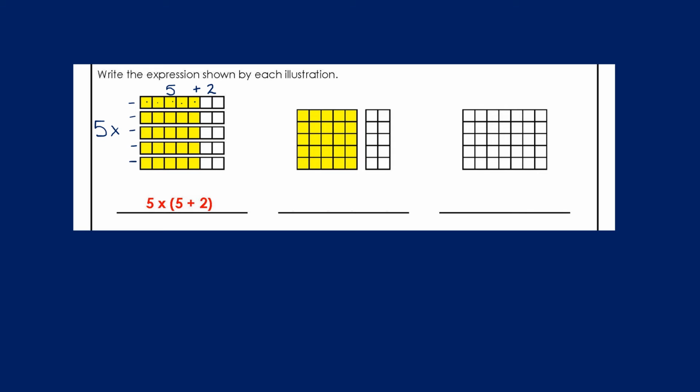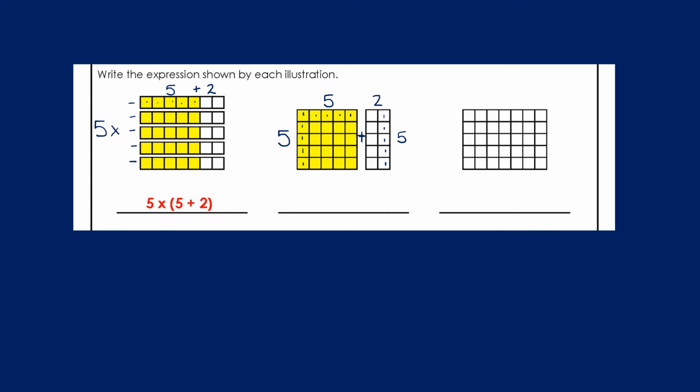In our next example, we have 2 arrays. We have an array that is 5 tall and 5 wide, and we're going to add that to this array, which is 5 tall and 2 wide.